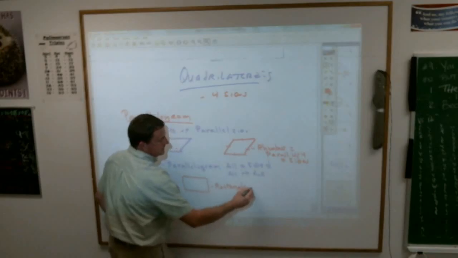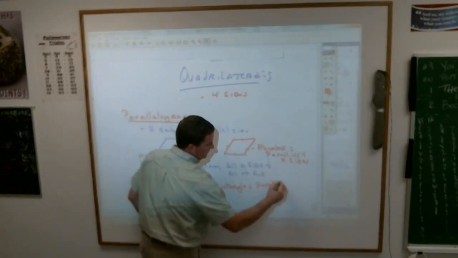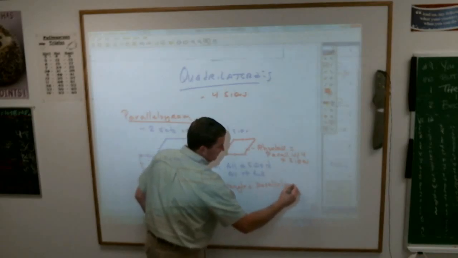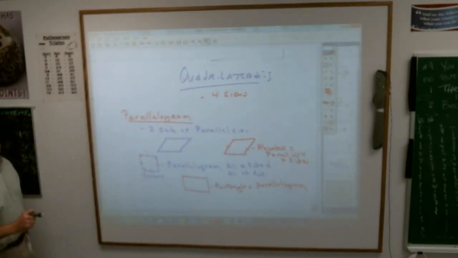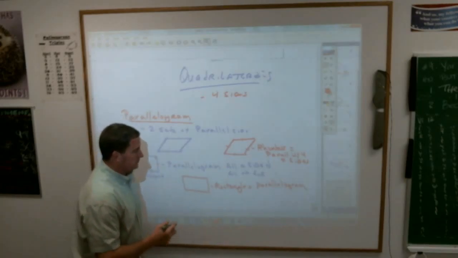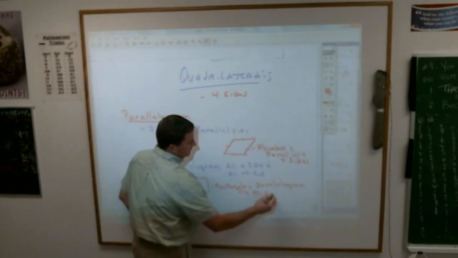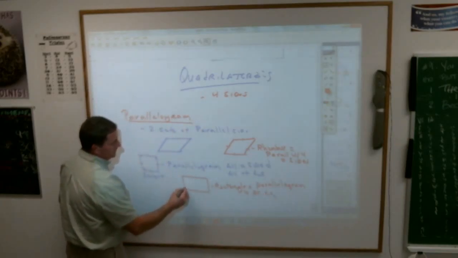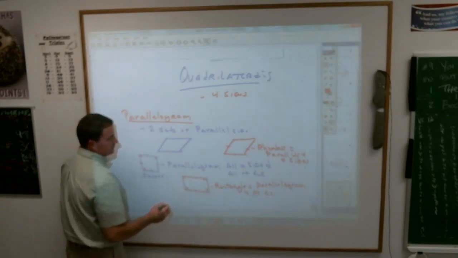It definitely is a parallelogram, but whatever it has to meet, it's a parallelogram with, anybody? Taylor? Four right angles. Yeah, four right angles. That's the only thing something has to have to be a rectangle. It has to have four right angles.